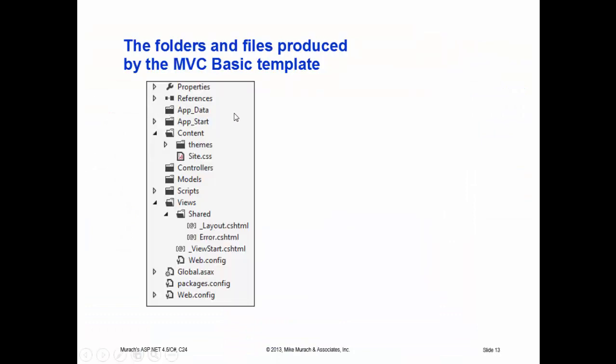Again, reviewing the folders and files produced by the basic template. It's got some of the usual stuff that we're used to as well: App_Data, Global.asax. We're going to talk more about this later, where that helps the whole mapping of the routes to the controller code.